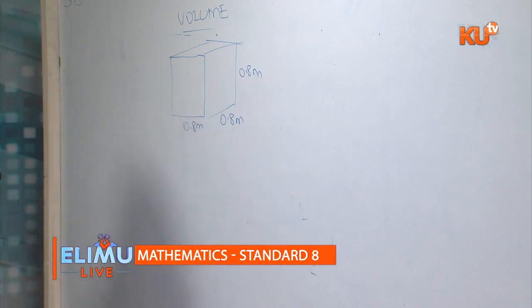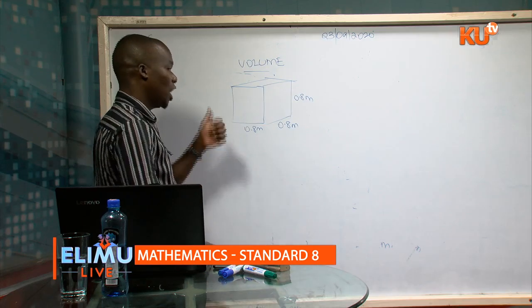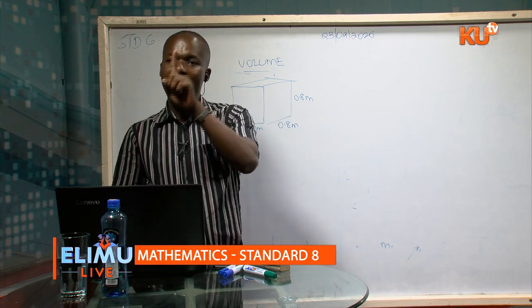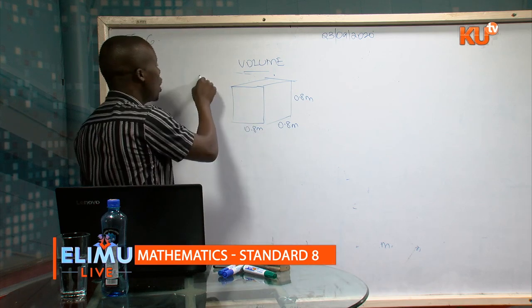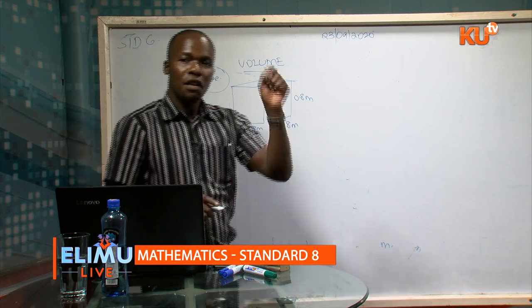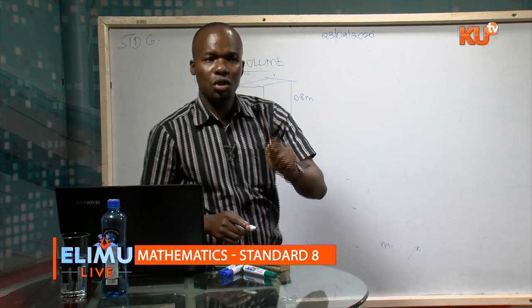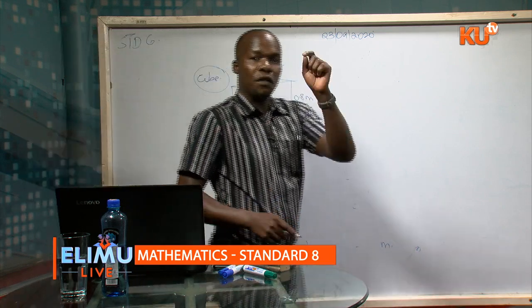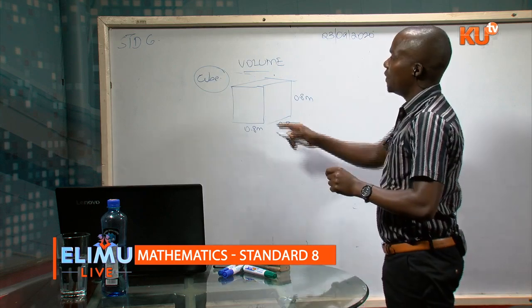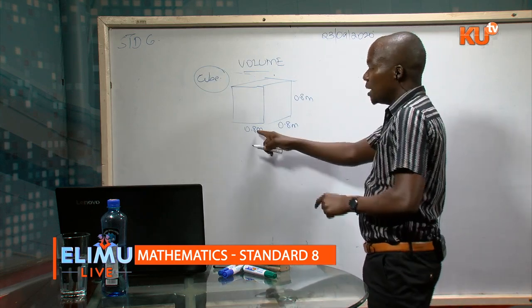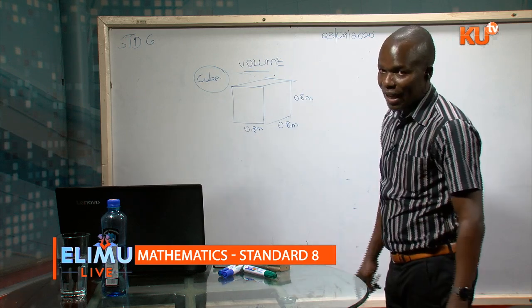Remember, you are given the question as find the volume of a cube which measures 0.8 meters. Only one given. The word was cube. So you were to read the question: find the volume of a cube. The cube alone will lead you to conclude that it has all sides equal, and so 0.8 is for all the sides.